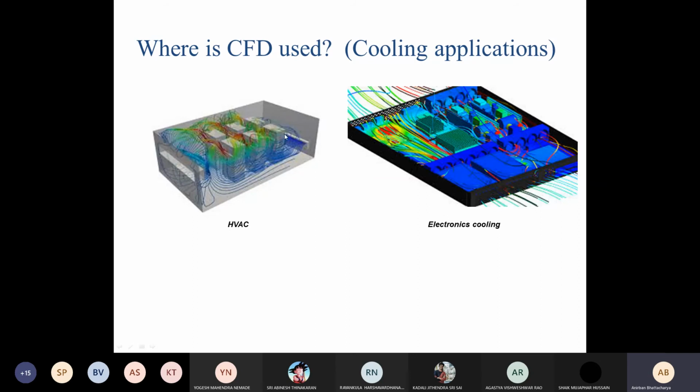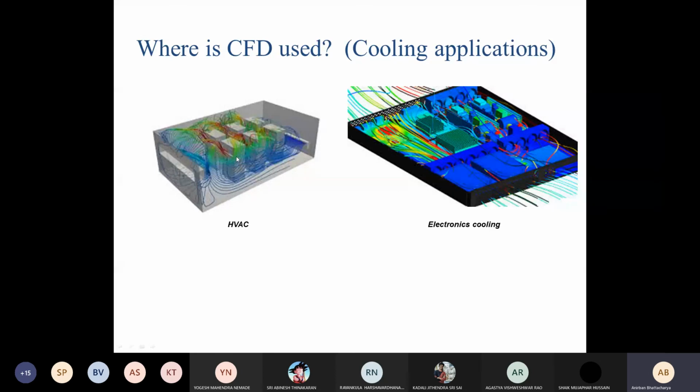Similarly, for large scale data centers and HVAC, even for our buildings, we go with empirical relations. But if the budget is high and the cooling requirement is very stringent, like for a server plant, in those cases you have to do a CFD simulation.